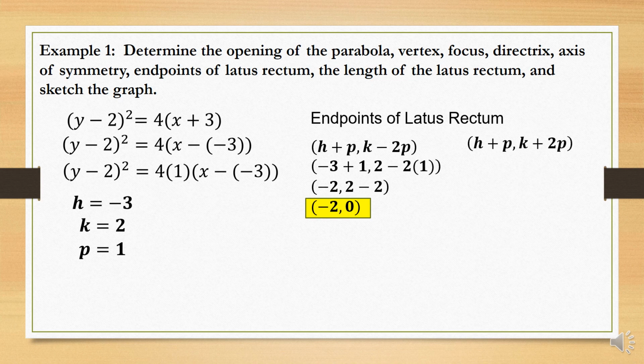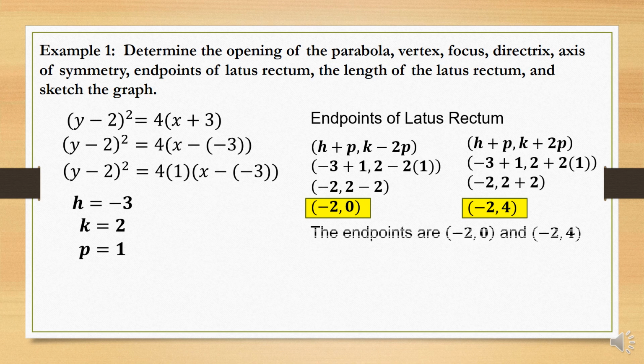The other endpoint, we have h plus p and k plus 2p. Substitute the values. We have negative 3 plus 1 and 2 plus 2 times 1. Then we have negative 2 and 2 plus 2. The other endpoint of the latus rectum has the coordinates negative 2 and positive 4. The endpoints are negative 2 comma 0 and negative 2 comma 4.